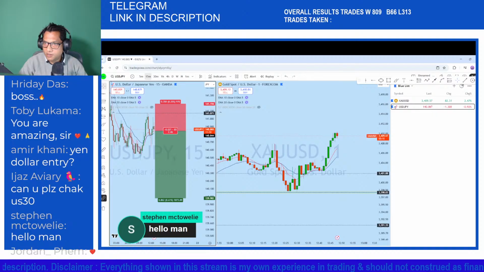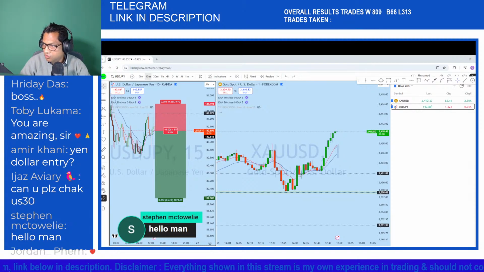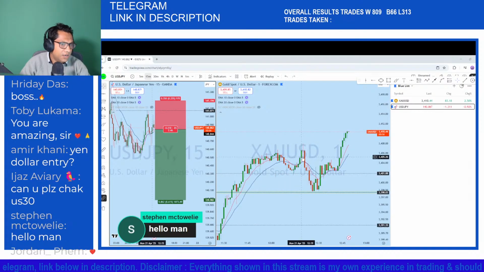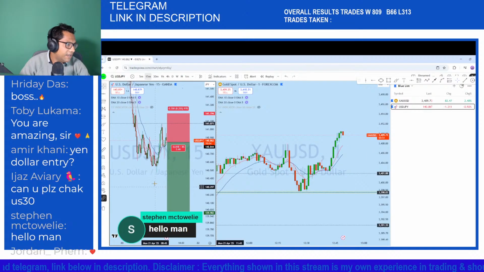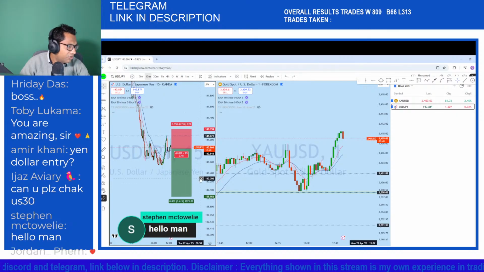So I have placed another entry on dollar yen along with the one that we were running, with the expectation that dollar yen, with the candle close on the 4 hour, will break below here in the major direction of the trend.